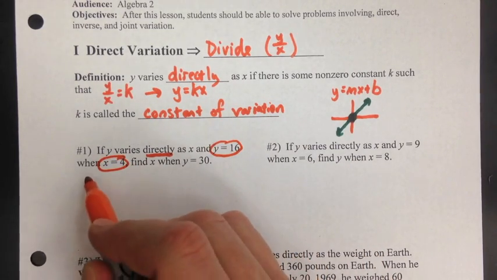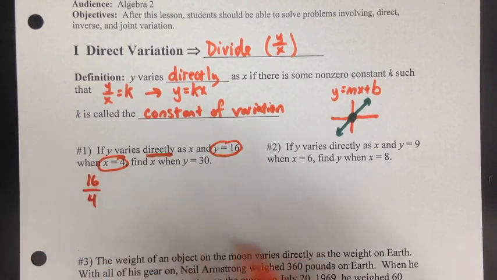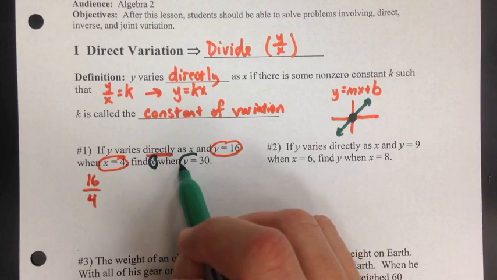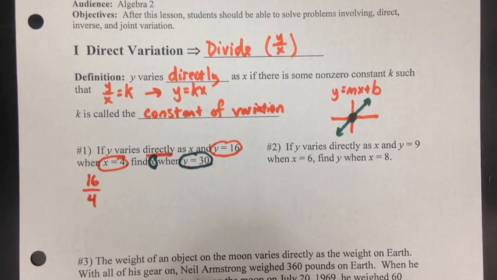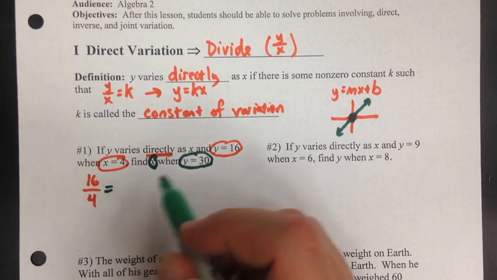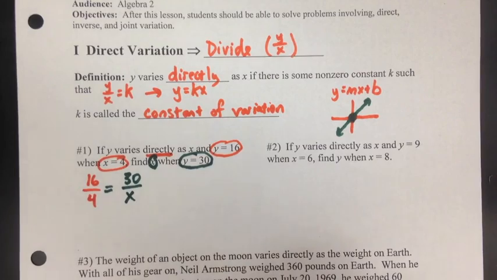So I'm going to write that as a fraction, 16 over 4. Now they give us a second situation. In the second situation, they say find x, so we don't know that, when y is equal to 30. So we're missing part of this. We have 16 over 4 equals y divided by x, which is 30 over x.